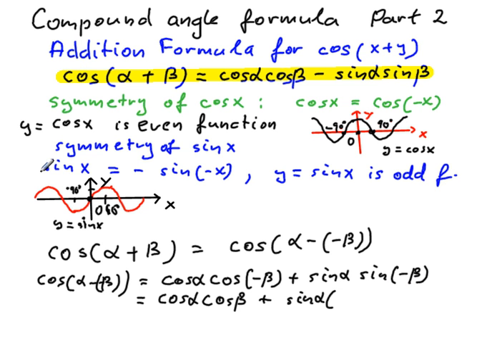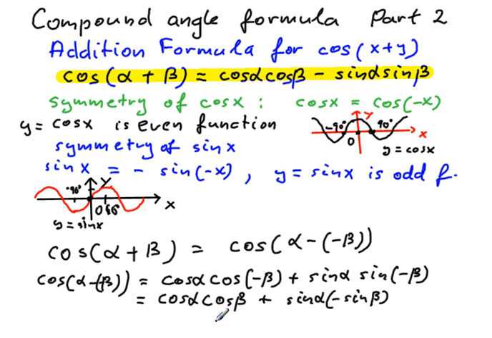If I were to multiply this by negative 1, then the right-hand side of this identity would become positive. Just imagine sine of negative x is equal to negative sine x, just by moving the negative over here. This is why we replace sine negative beta with negative sine beta.